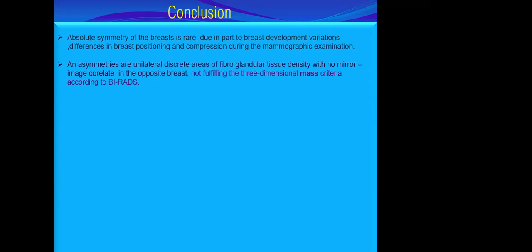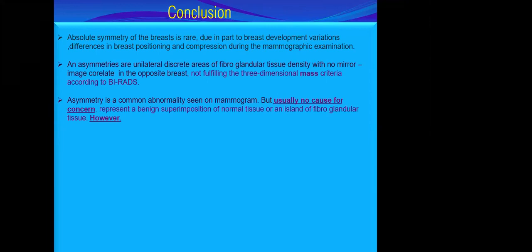absolute symmetry of the breast is rare, due in part to developmental variations and differences in positioning and compression during the mammographic examination. Asymmetries are unilateral discrete areas of fibroglandular tissue density with no mirror image correlate in the opposite breast, not fulfilling the three-dimensional mass criteria according to BI-RADS.